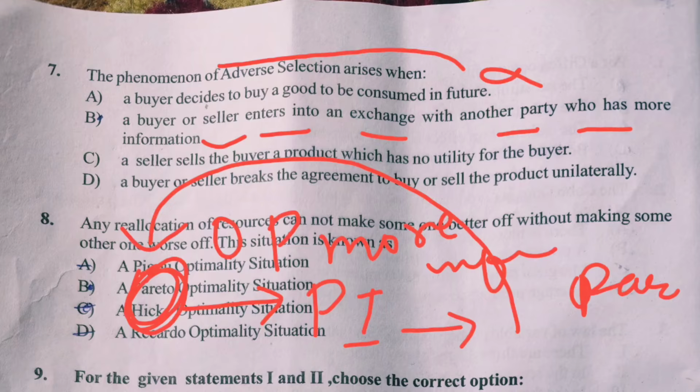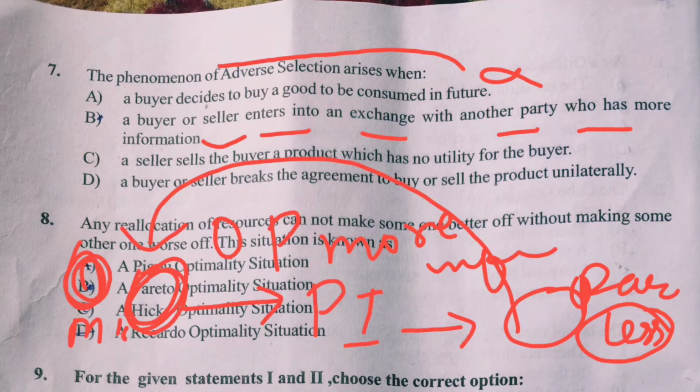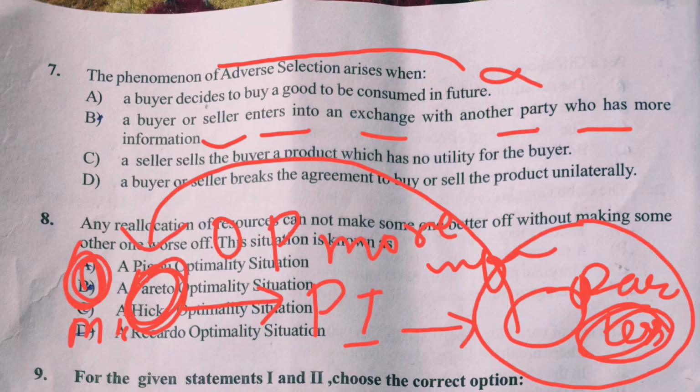That means in this case the person who buys the insurance has more knowledge, and the person who sells the insurance has less knowledge, and ultimately adverse selection arises, and the insurance supplier badly suffers, loosely speaking. So simple thing, when one party has more information than another party and they enter into an exchange agreement, we say that adverse selection arises.